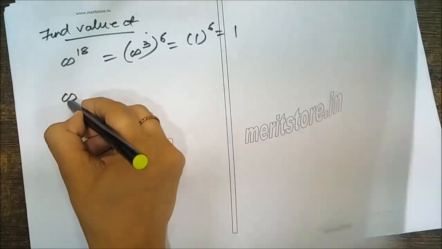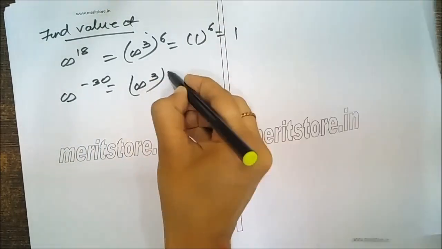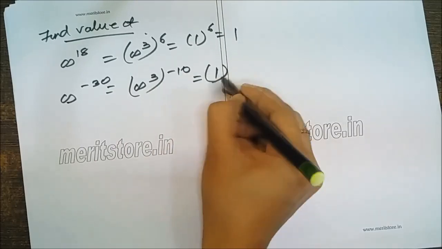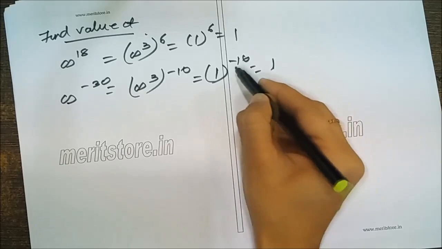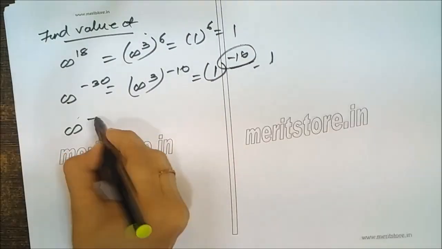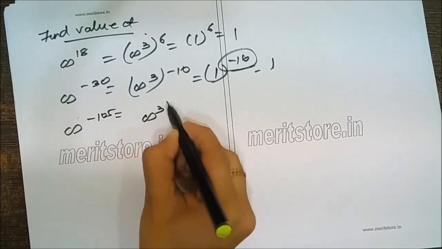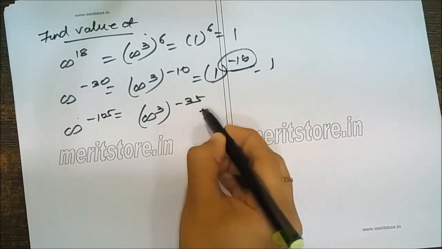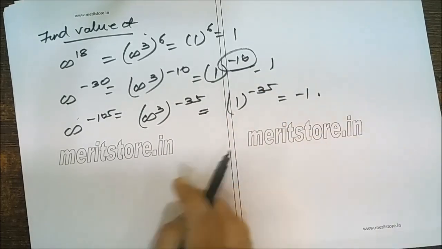Let's say minus 30, but minus 30, that is 1, because the power is an even number. Minus 35, that is 1 raised to minus 35, that is minus 1.